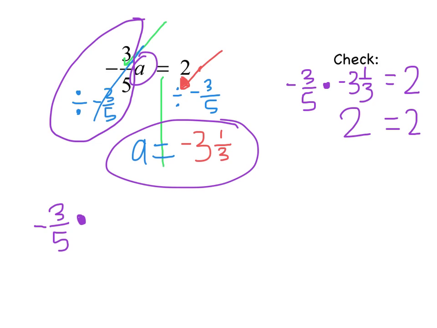So we would write negative 5 over 3. Now, before we multiply, we know we can do some cross-canceling. So we can divide 5 out of these two to get a factor of 1. We can divide 3 out of these two to get a factor of 1. And the negative times a negative is going to end up with a positive. So we end up with positive 1, which was what we wanted, 1A.